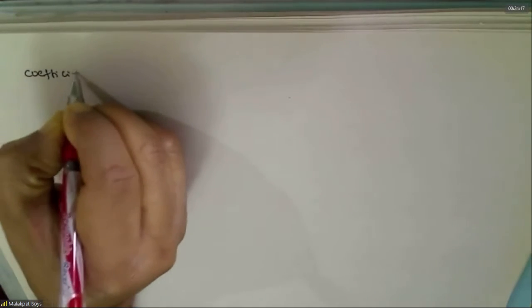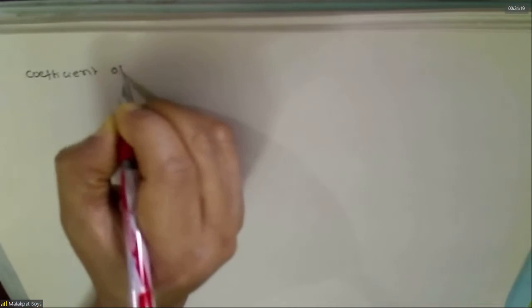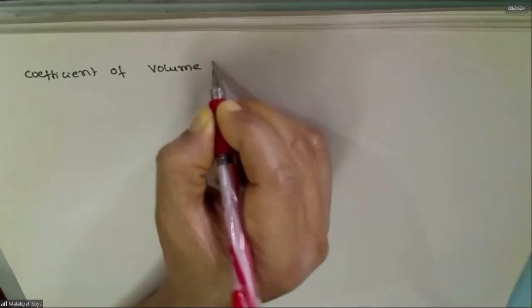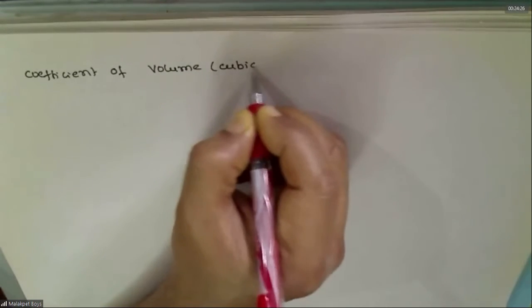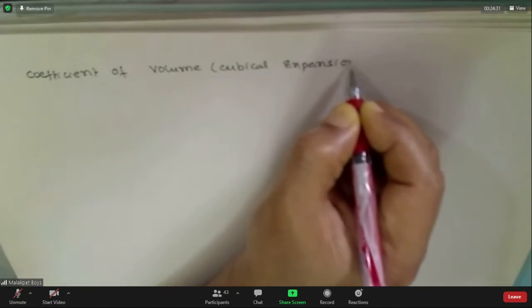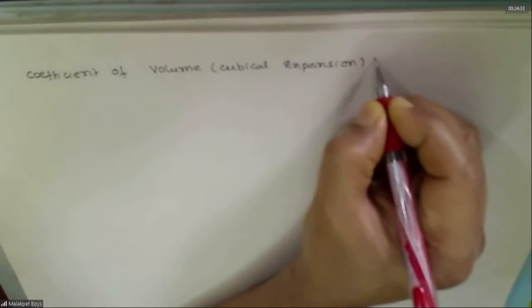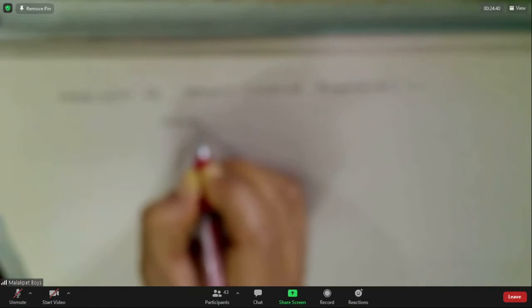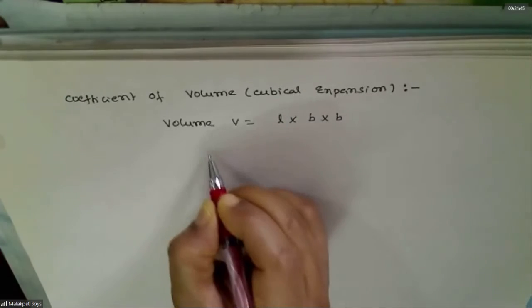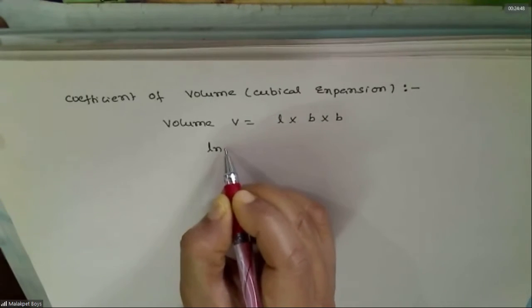Similarly, same as before. What is volume? It's L into B into H. Now again take logs to the base e.